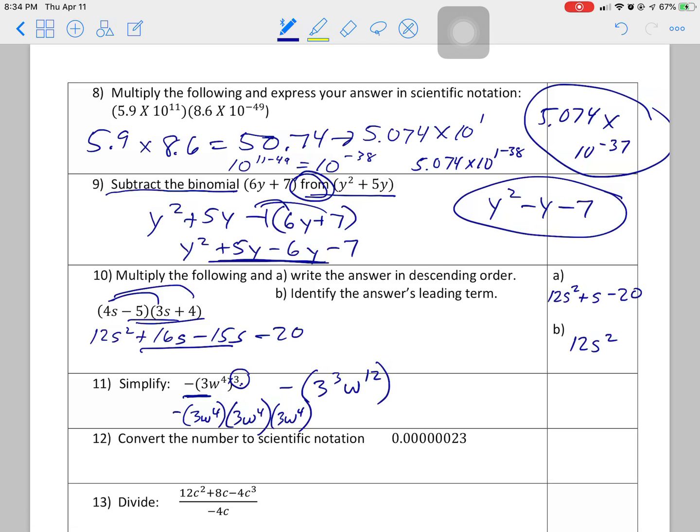When you add them up, you have 12. Right? And then you multiply by 1. This is a 9, by the way. So the negative, one thing at a time. Negative 9w12.